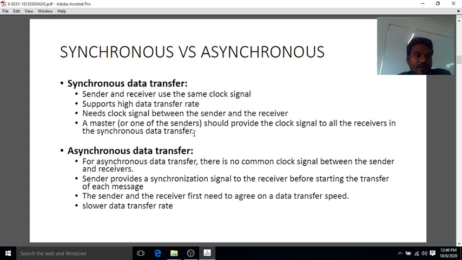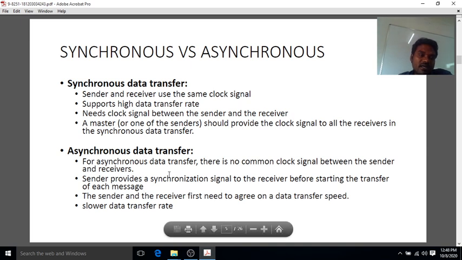Here you have to remember the point that in the synchronous data transfer, the transmitter and receiver use the same clock signal. That clock signal has to be provided by one transmitter, and it has to be used by the other transmitters and the receivers.